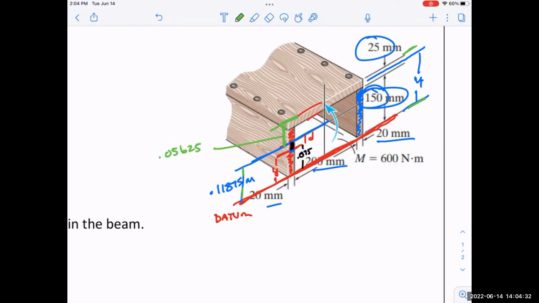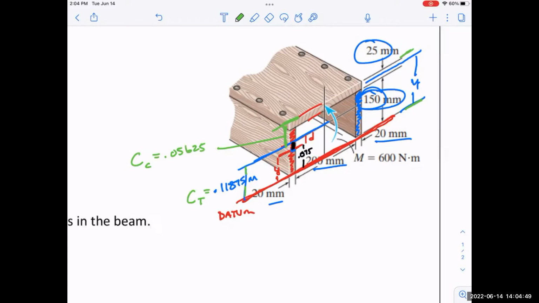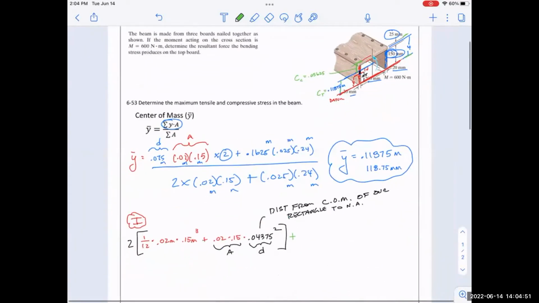So basically the maximum, that's kind of like the C value for compression. And this is like the C value for tension down there. Does that make sense? So now I know how far they are away from the neutral axis. I'll need that later.